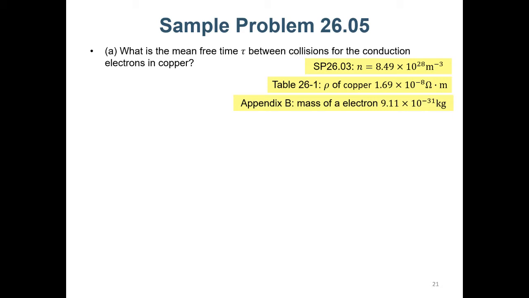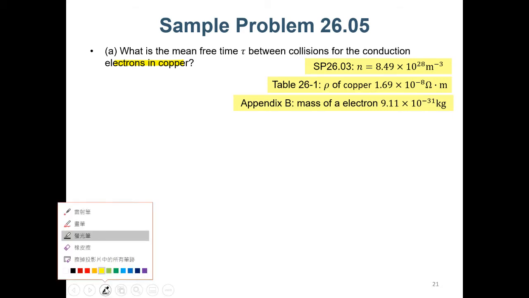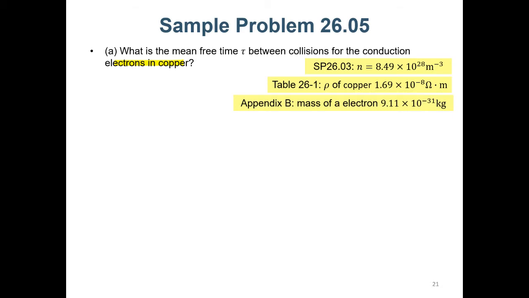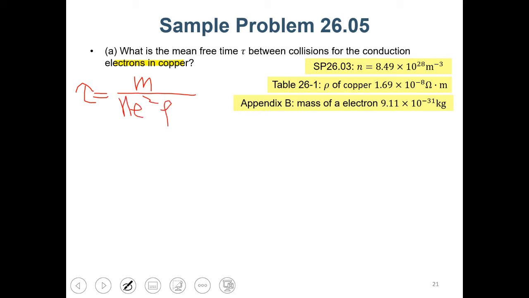Here we have another sample problem: what is the mean free time tau between collisions of the conduction electrons in copper? We just use the equation we just derived, m over n e squared rho.